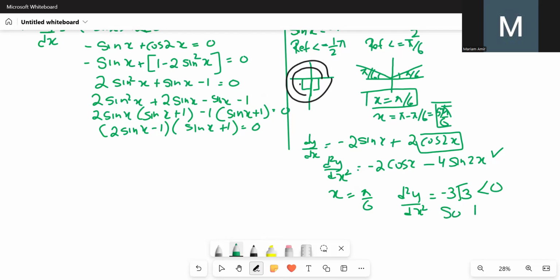So that's a maximum stationary point. And when x is 5 pi by 6, then d squared y over dx squared comes out to be 2.46, which is greater than 0. So this value is going to be a minimum.